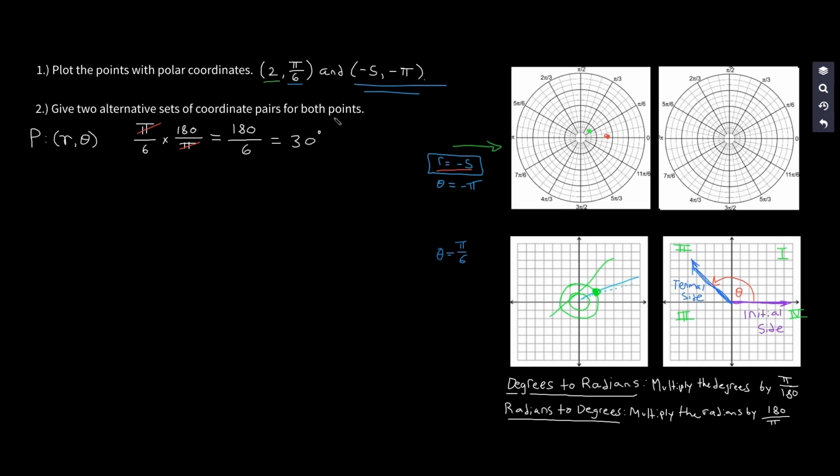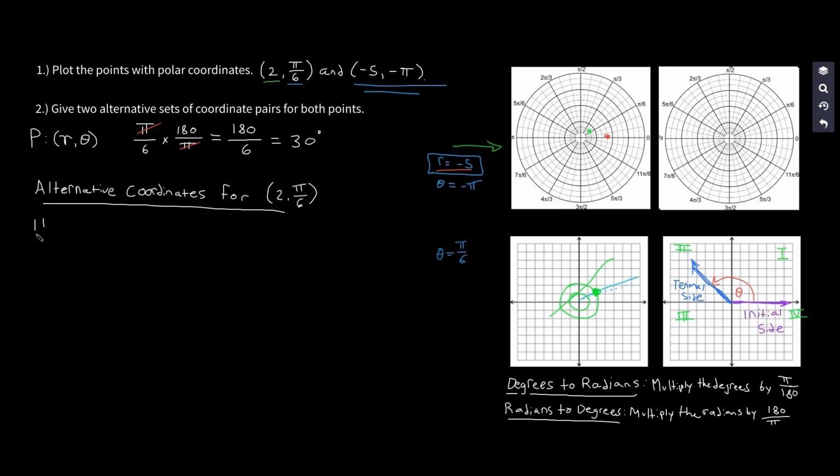So in polar coordinates, you can reach the same spot by spinning around extra times, by engaging in extra revolutions, or by facing in the opposite direction and walking backwards. There are a couple mechanical ways of finding alternative coordinates, so we'll do that for 2 and pi over 6.